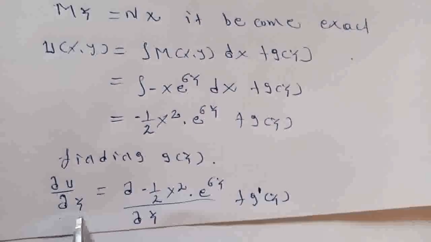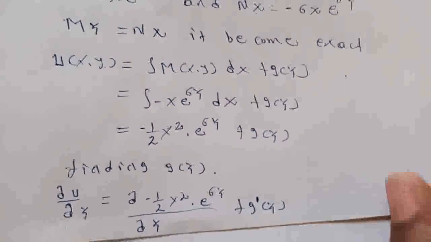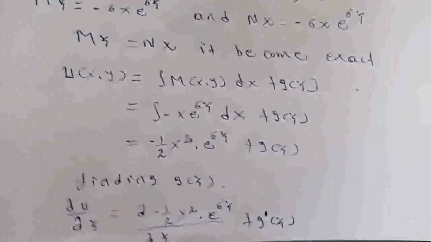Now let's find this one. Actually this is N of x y from the first equation. We know that this one is N of x y.